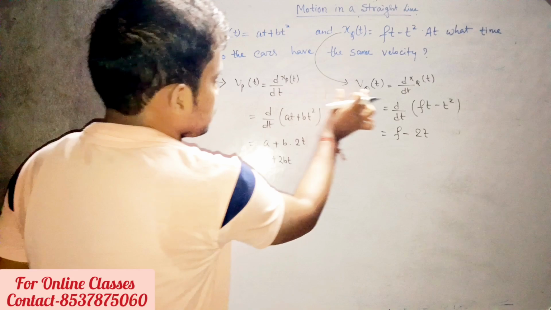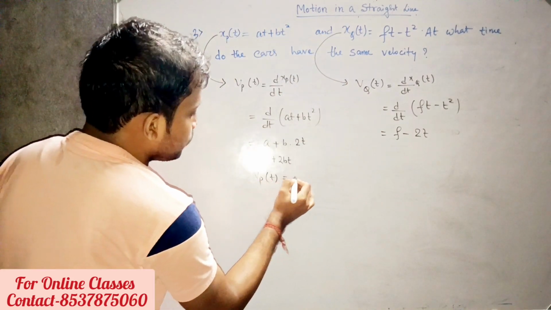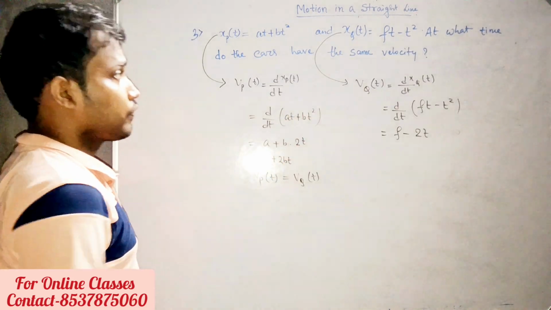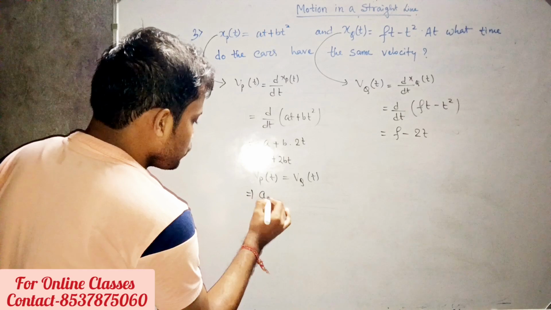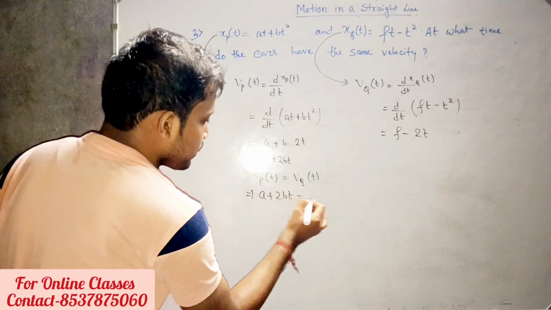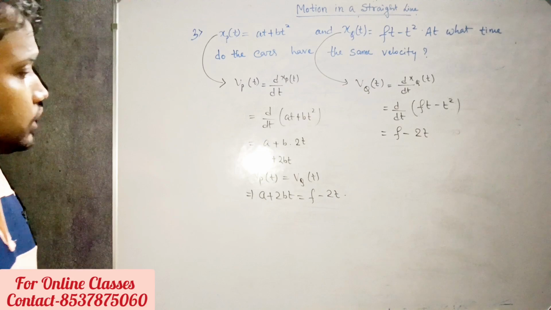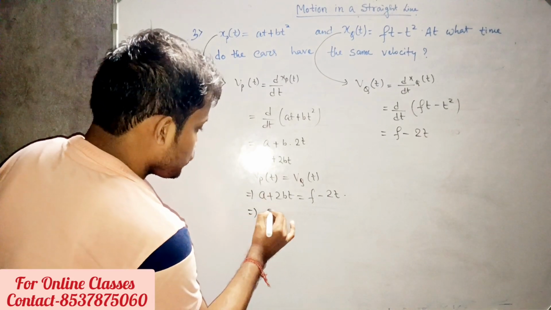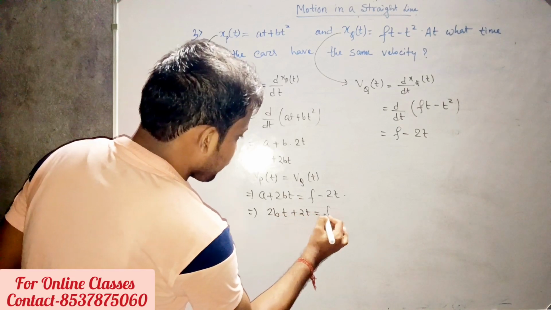So dx_P/dt equals dx_Q/dt, since the velocity is the same. So we can write a plus 2bt is equal to f minus 2t. From here, we have to find t. So we can take 2bt plus 2t equals f minus a.